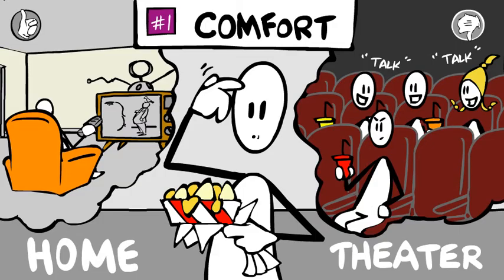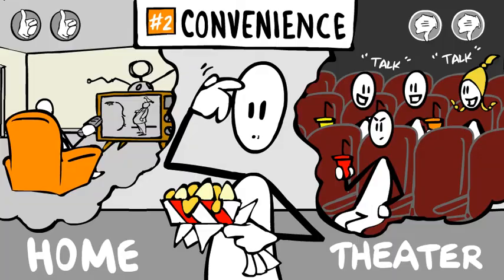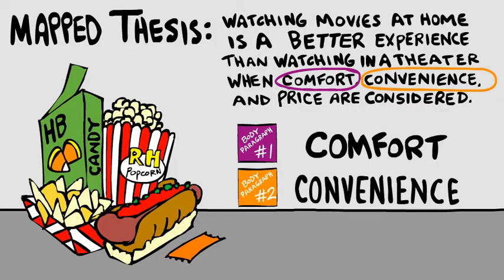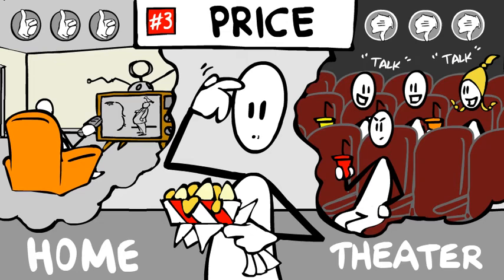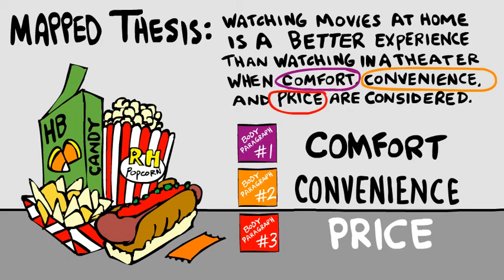Again, using the mapped thesis, your second body paragraph would begin with a topic sentence about convenience. The third point would be regarding price. Remember, the order of your topics in your thesis statement sets up the order of your supporting paragraphs.